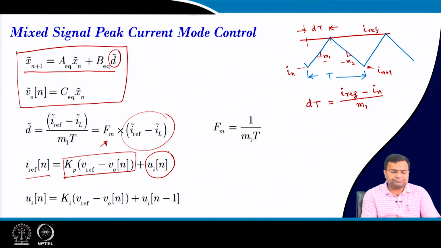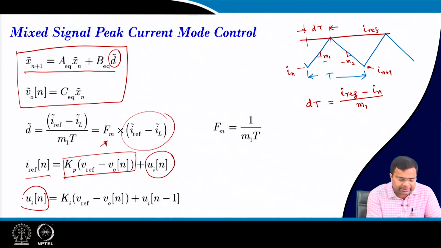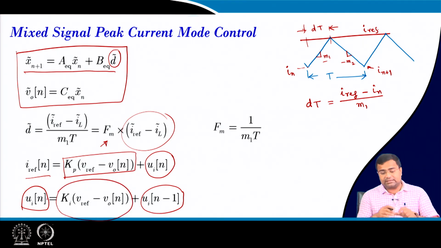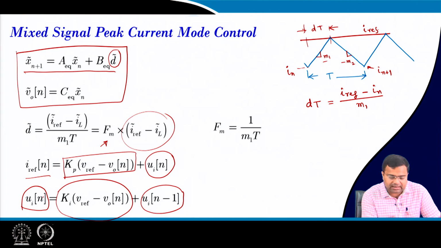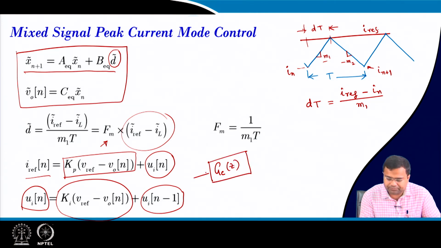How is it written? The integral controller can be written as the previous integral term plus the integral gain into the error voltage, and this is using the incremental algorithm or the discrete time integral control. That means if you take the transfer function of the controller, the input to the controller is the error voltage and the output is the reference current.